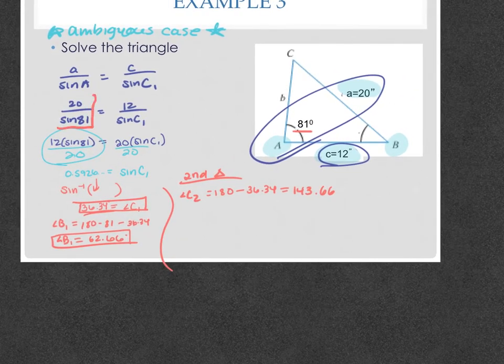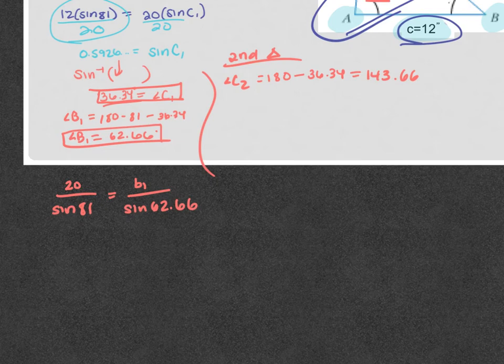So I'm going to still use my full complete ratio from A, which is 20 over the sine of 81, equals, now there's a little b, or side B1, over the sine of 62.66. And then I cross multiply, so 20 times the sine of 62.66 equals B1 times the sine of 81.